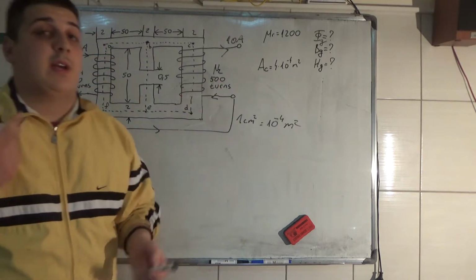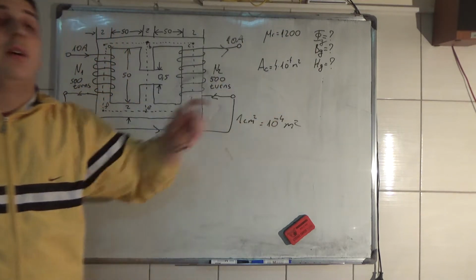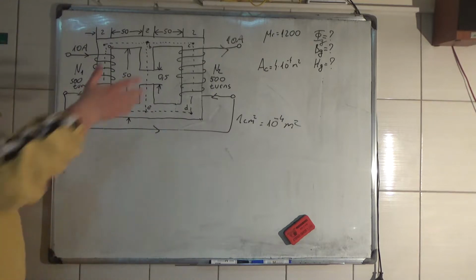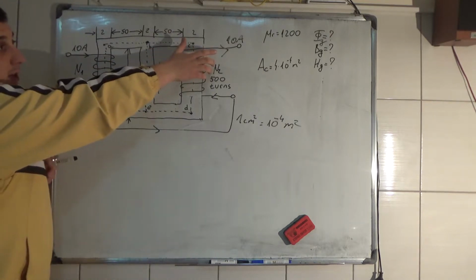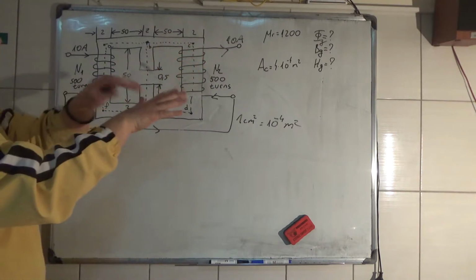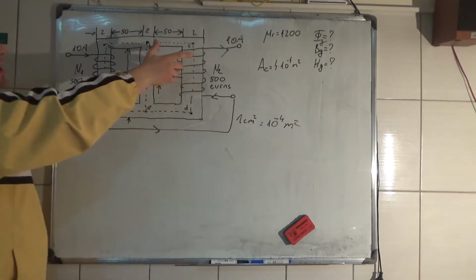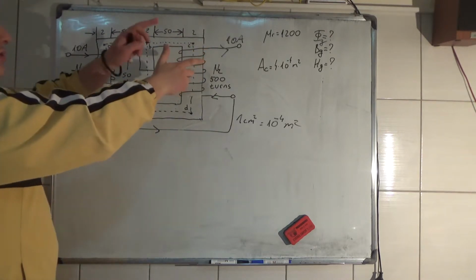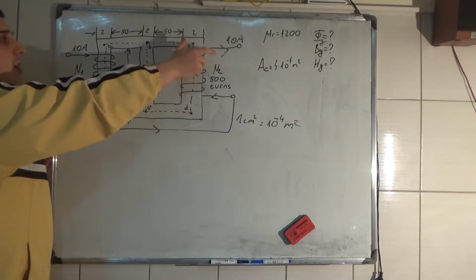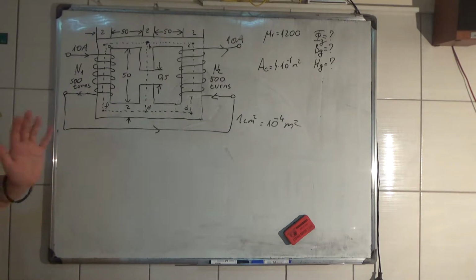Also, because it's a linear material, all these units are in the same direction. Here we also have the same thing. These four fingers show the direction of the current, and this right thumb shows the direction of the flux.